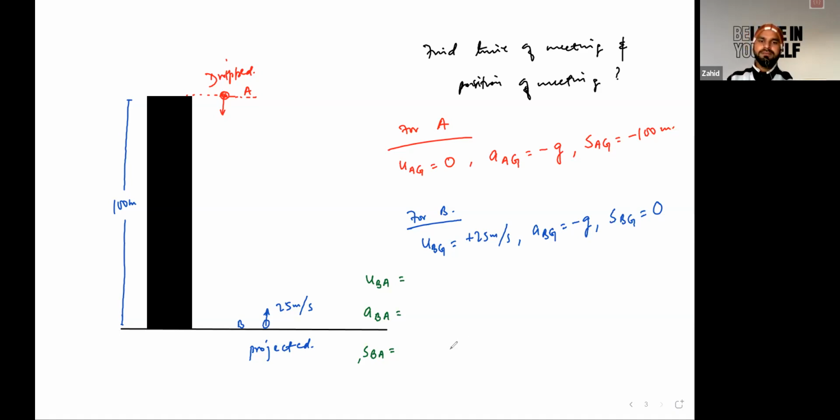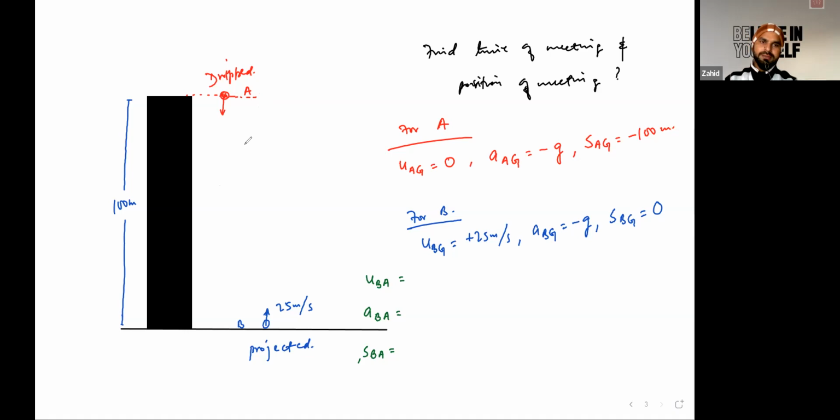So you have calculated the time to cross for A and B will be just 4 seconds. Now if you take each individual object, you may find the displacement of each individually so that you may define the position at which the two will cross each other.